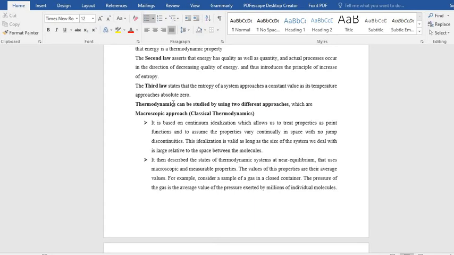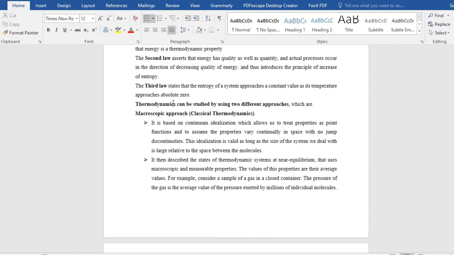However, we can study thermodynamics based on two different approaches. Even if you see in fluid mechanics, or in whatever mechanics you study, you study either based on the macroscopic approach, which means whatever the properties and variables are, they are macroscopic, measurable quantities, or on the microscopic approach, which is based on the molecules of a system.